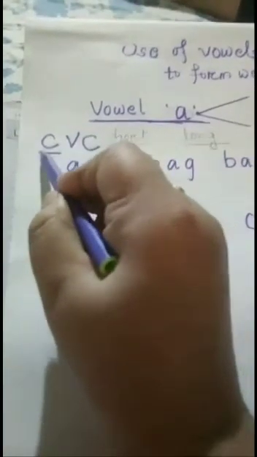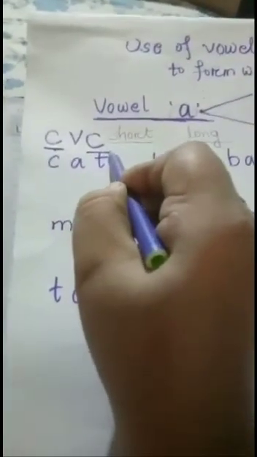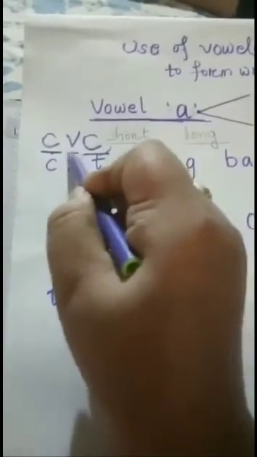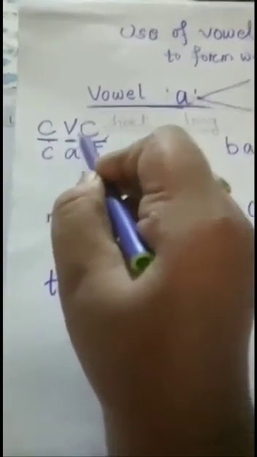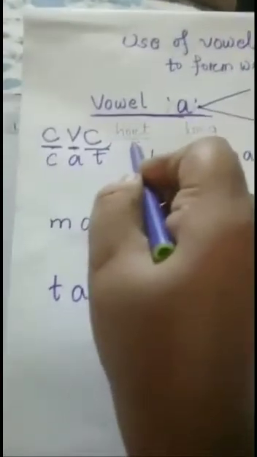C is the consonant. This C is also a consonant. And V is the vowel. In this setting, whatever vowel we are writing, it will bear the short sound.